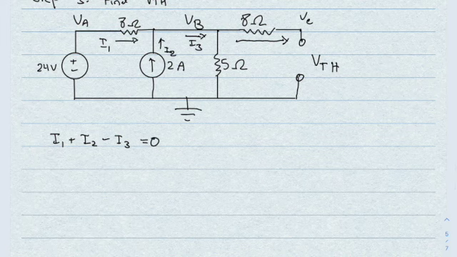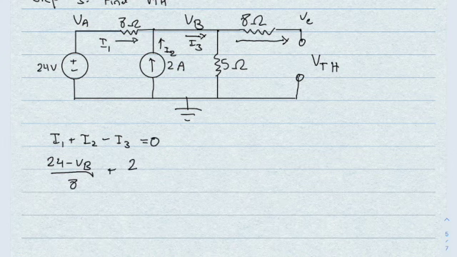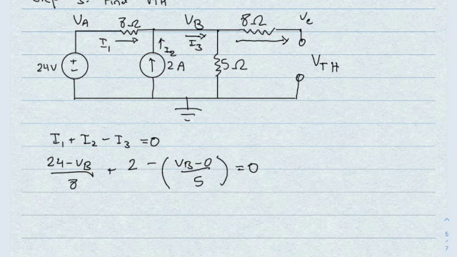So I1, we have 24 minus VB over 8, plus I2 is 2 amps, minus, what is I3 going to be? VB minus 0 over 5, right, equals 0.